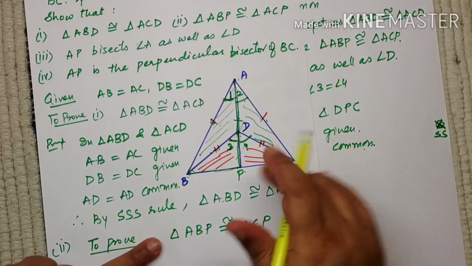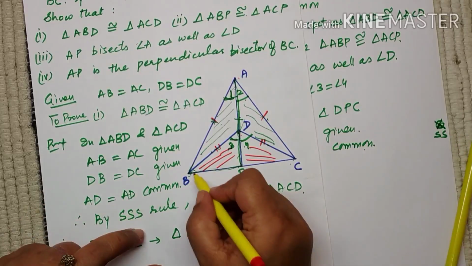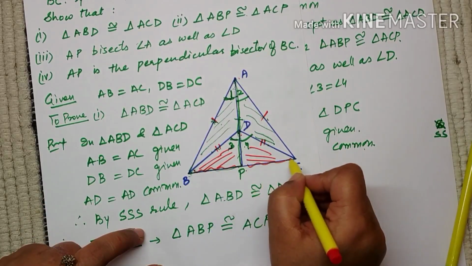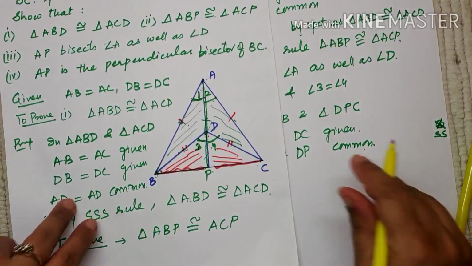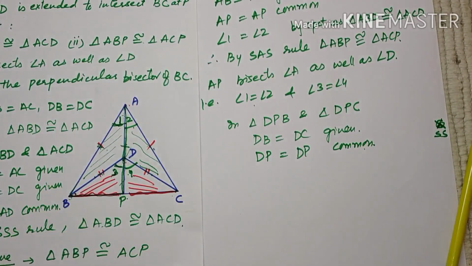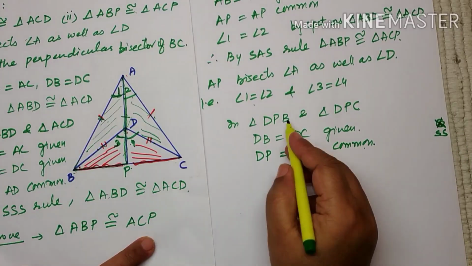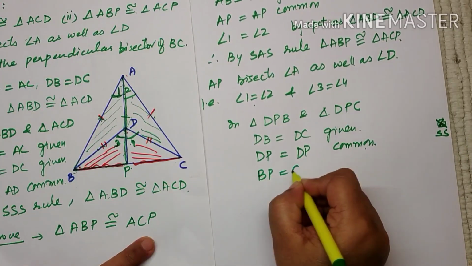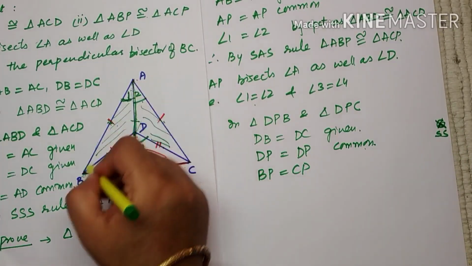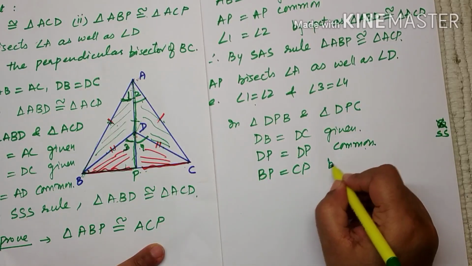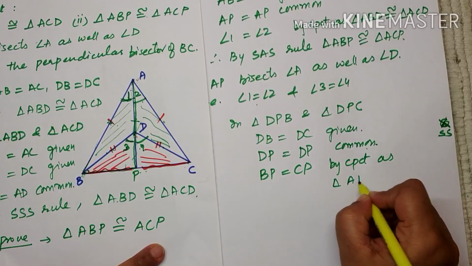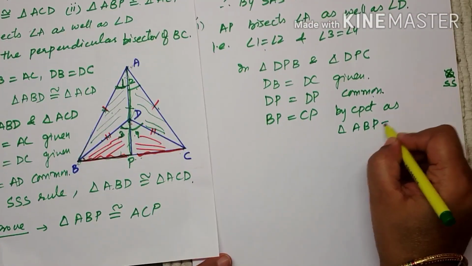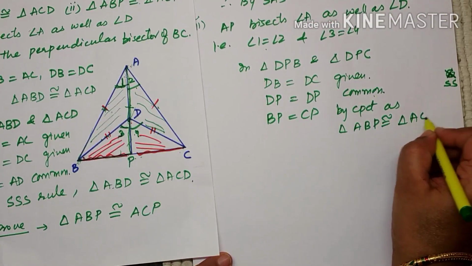That means I have no other choice. I need to look for the third side, this side. So I need to prove this side equal. Let's see if we can get this side equal. What is this side? BP equal to CP. Can we get it? Yes, we have proved the bigger triangles congruent by CPCT, as triangle ABP is congruent to triangle ACP.